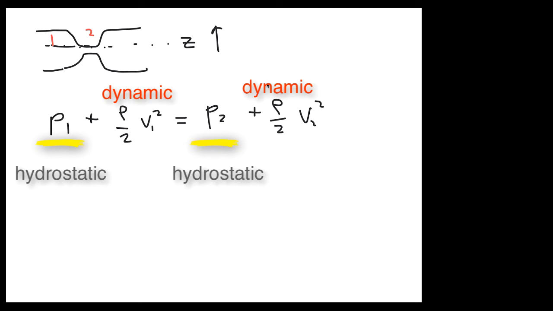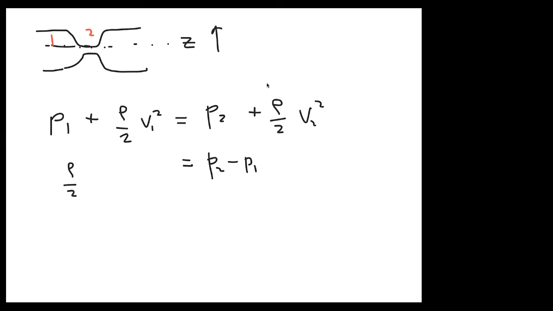Now I can rearrange this to tell me that the pressure difference, so P2 minus P1, is equal to rho over 2 times v1 squared minus v2 squared.